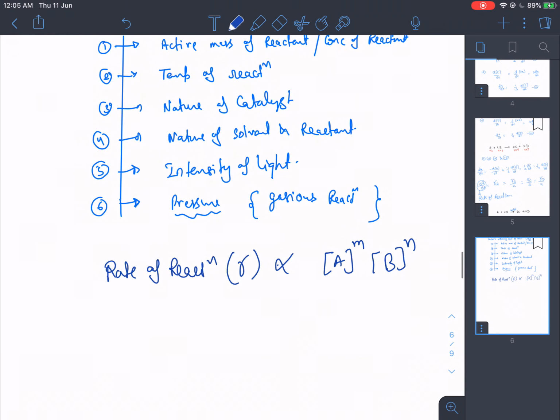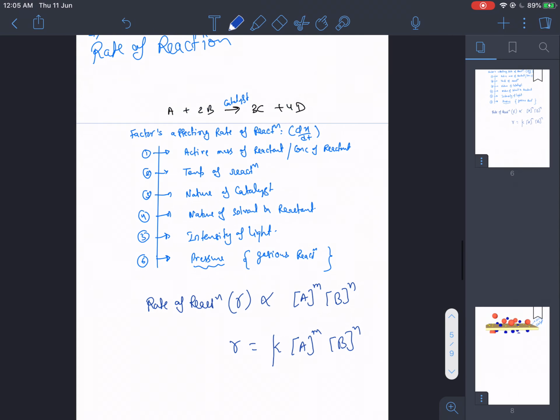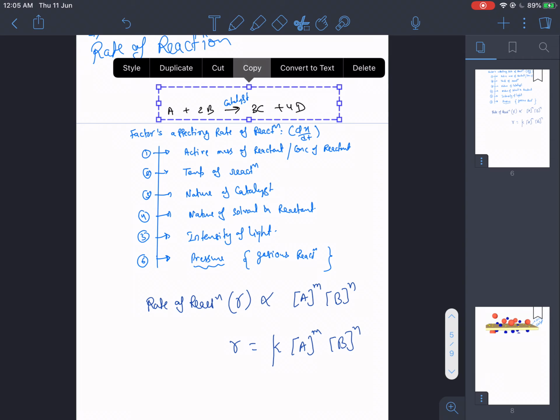Now if you remove the proportionality sign, the rate R will be equal to the rate constant K times A to the power m and B to the power n. Let me tell you very clearly, guys, very clearly. I started with this reaction.